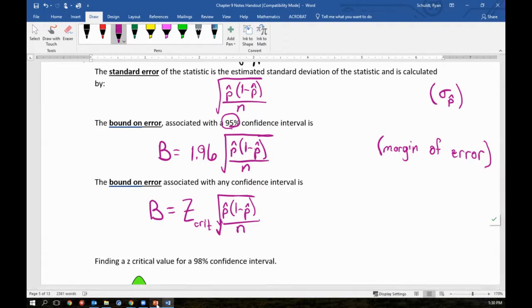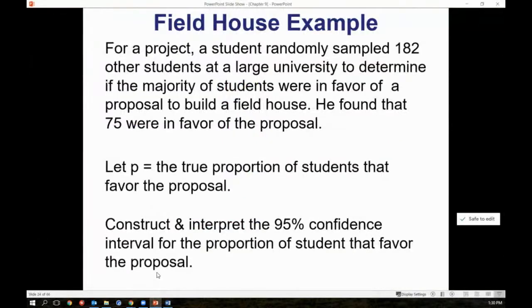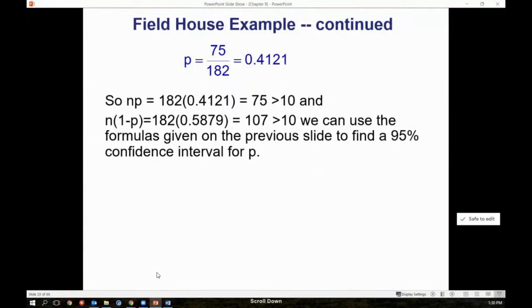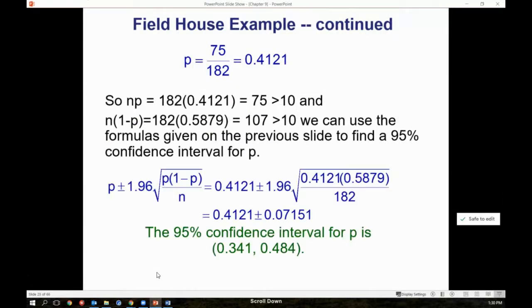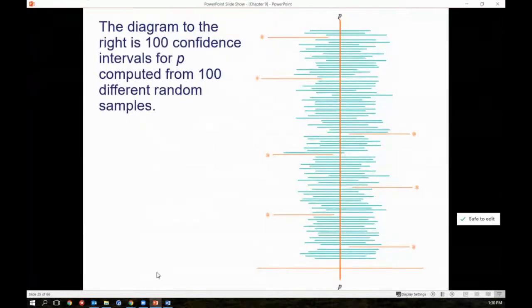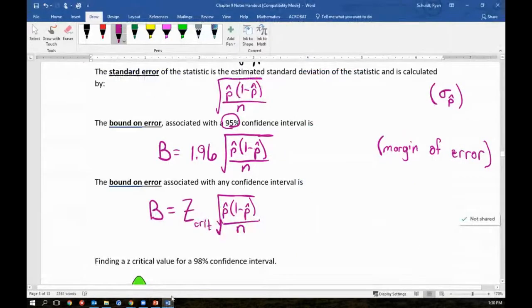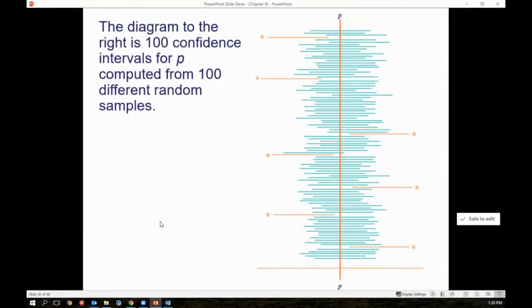Okay, let me go to the PowerPoint to make sure we didn't miss anything. I'll go back because I want to talk about this chart. Okay, so I forgot this chart was part of your PowerPoint, but not on the notes.